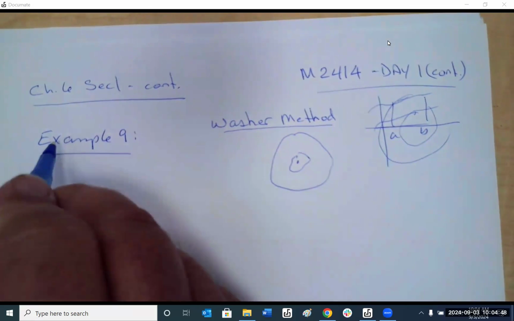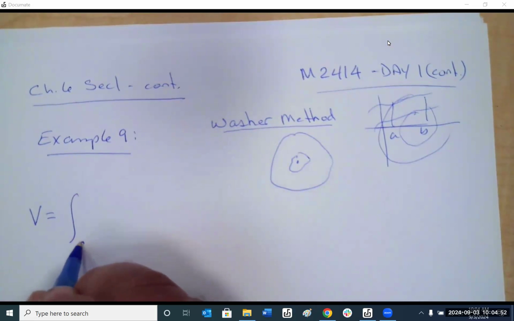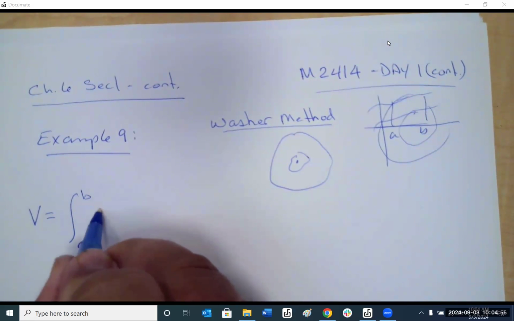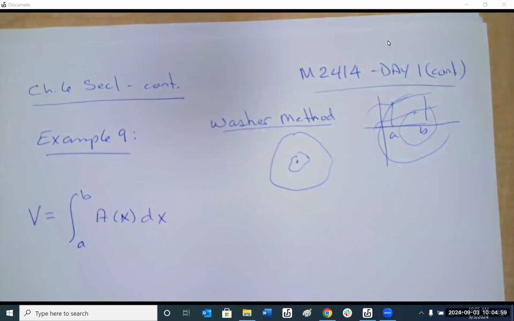So the volume of a washer, the area in question, dx.